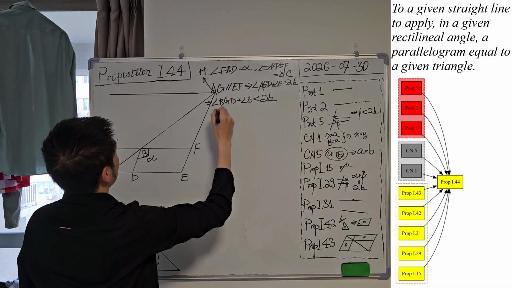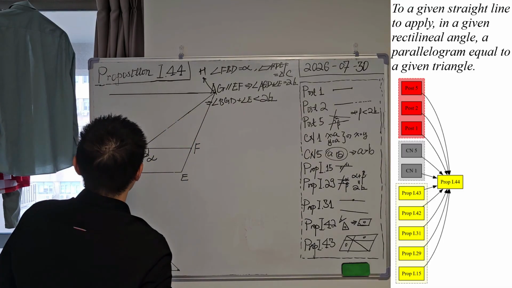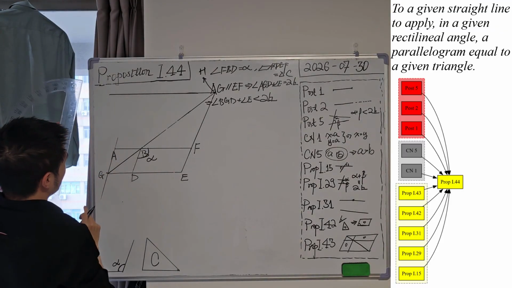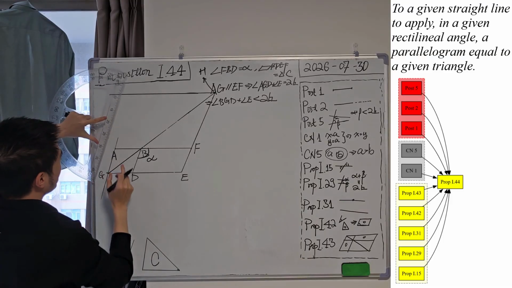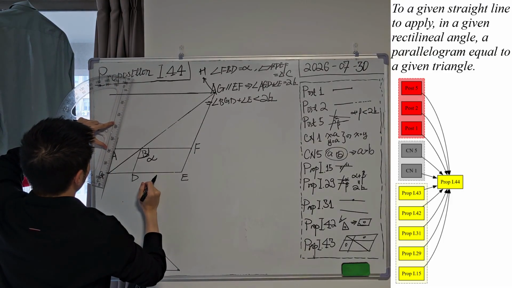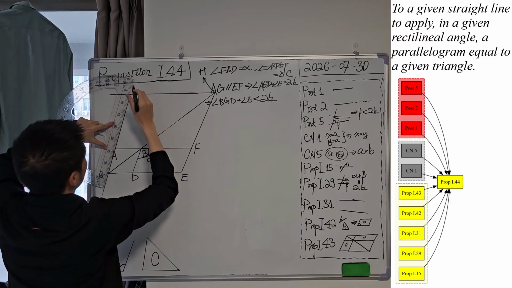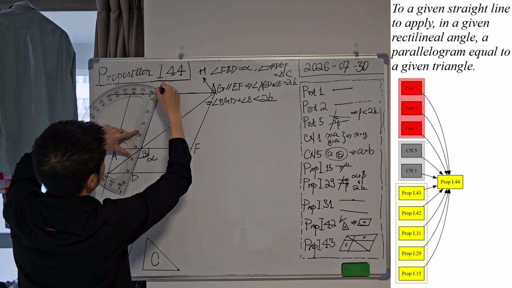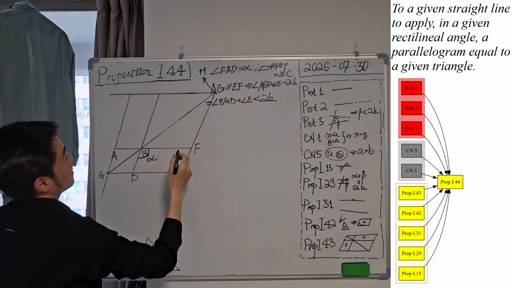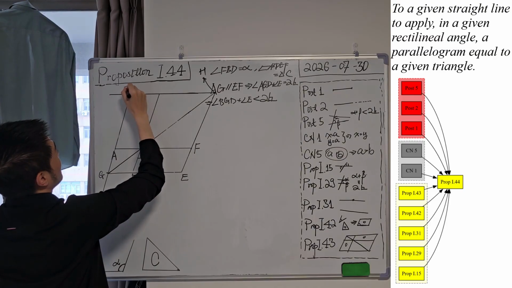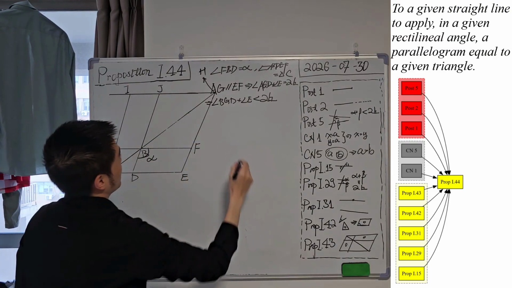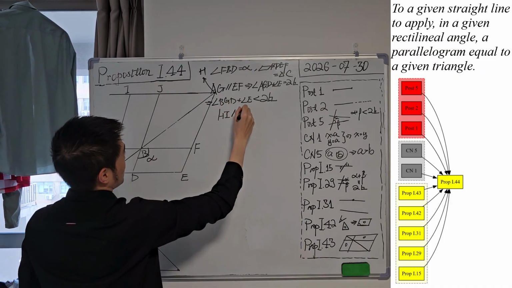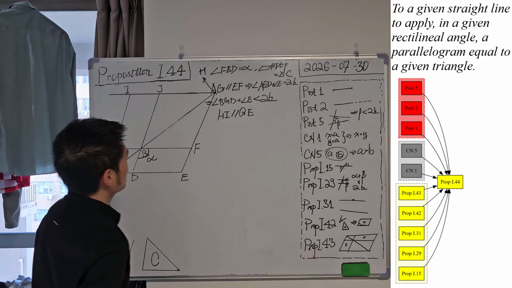So we know that this is parallel to GE. And then let's use postulate 2 again to produce GA and DB respectively, so they will meet this straight line at points I and J. Okay, so we know that HI is parallel to GE, right?